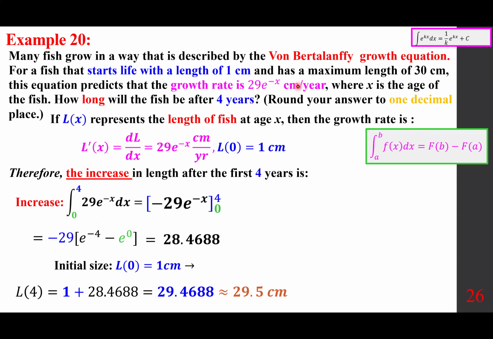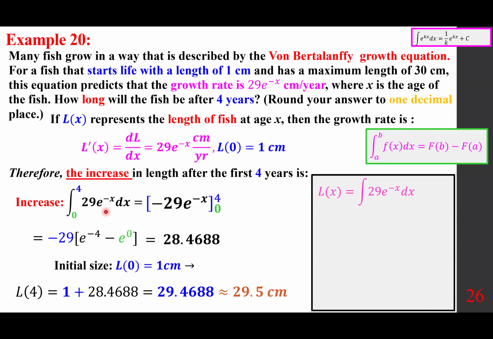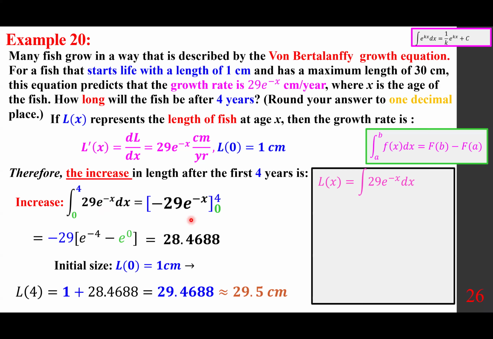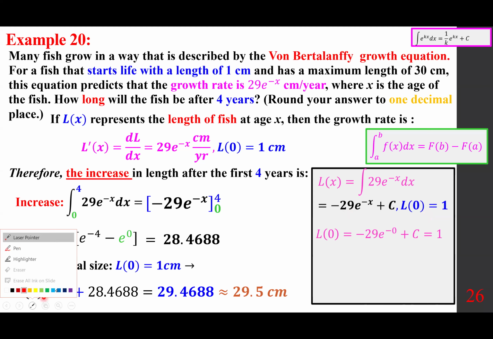However, a second format is that instead of finding the increase, we find the equation which represents L of x. That means you integrate this, and you already have the answer, but plus a constant, with L of 0 being 1. In other words, this is the general solution, but the initial value will help us find the constant. So plug in negative 29 e to the power minus 0 plus the constant. E to the power minus 0 makes no difference, it's e to the power of 0, which is 1.